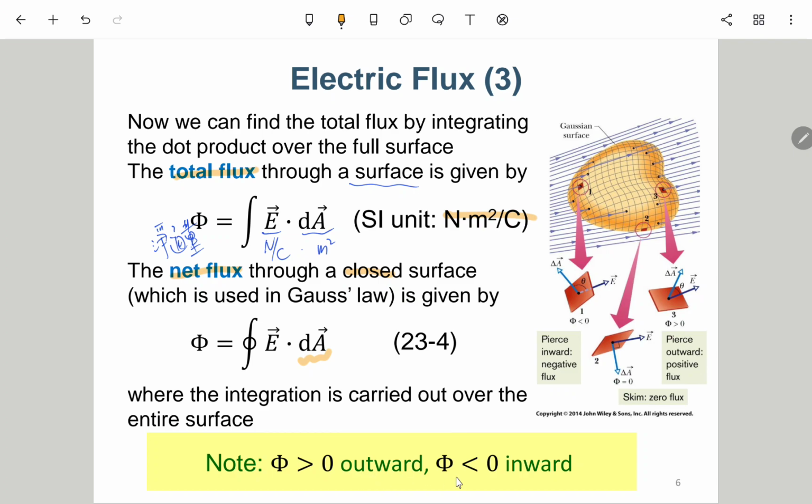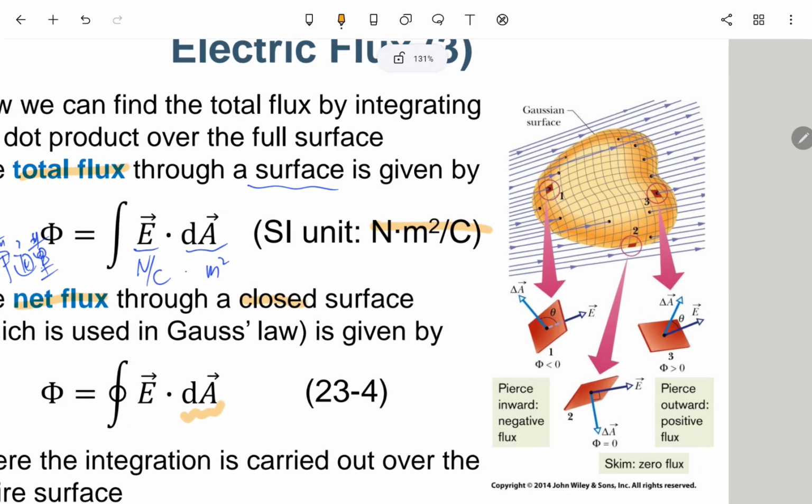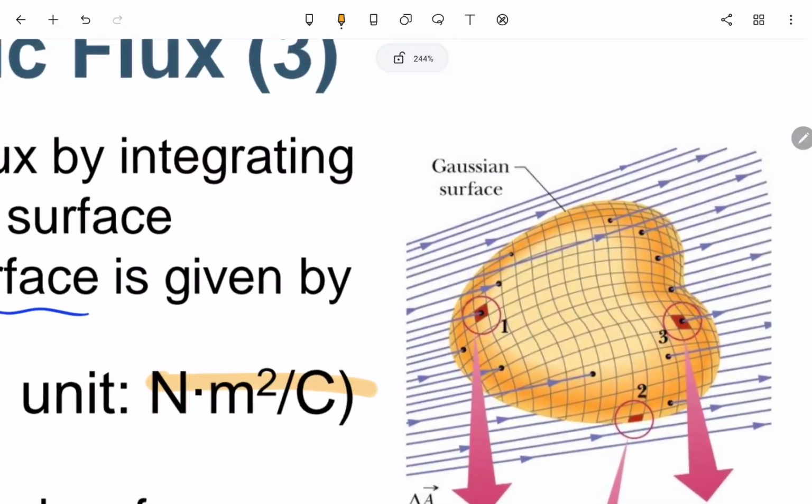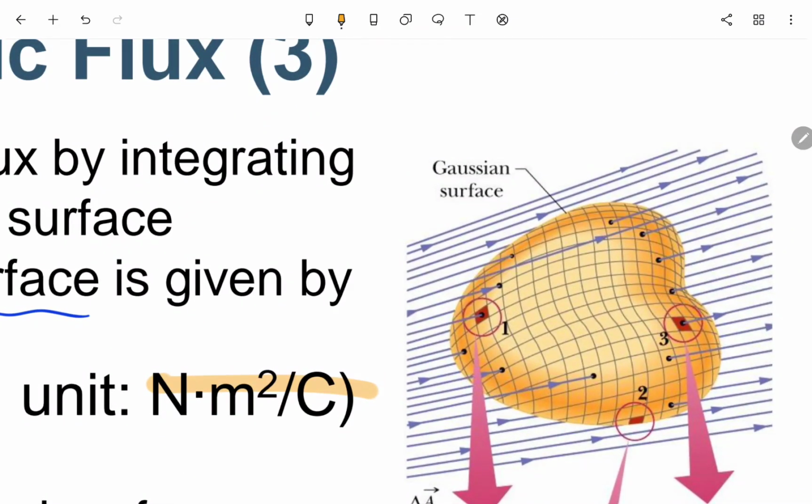And if phi is less than 0, we say the flux is inward. Here we would like to emphasize that for a Gaussian surface, or we can call it a closed surface, this textbook usually calls it a Gaussian surface, but it means a closed surface.